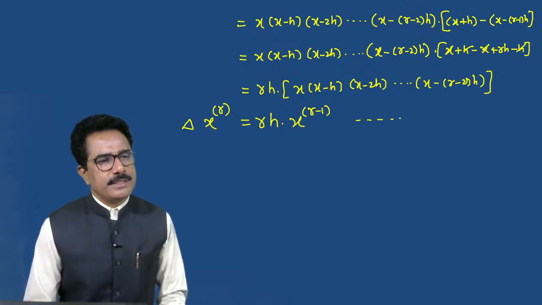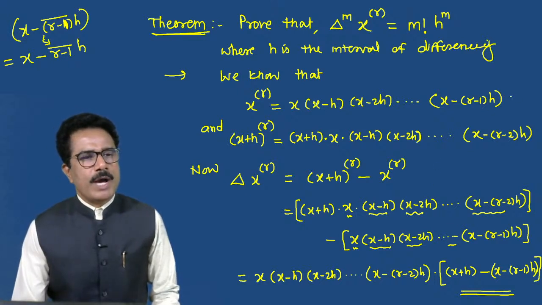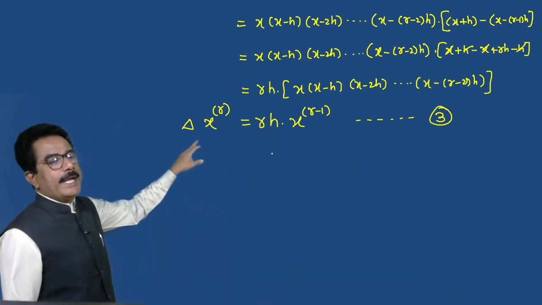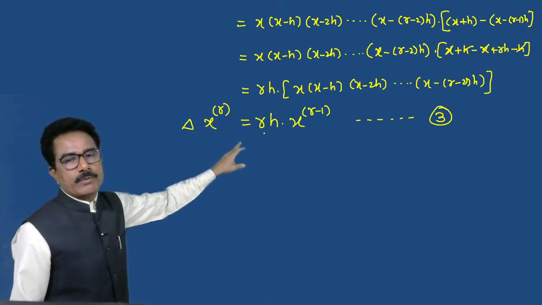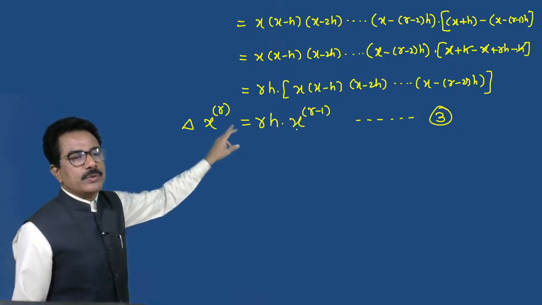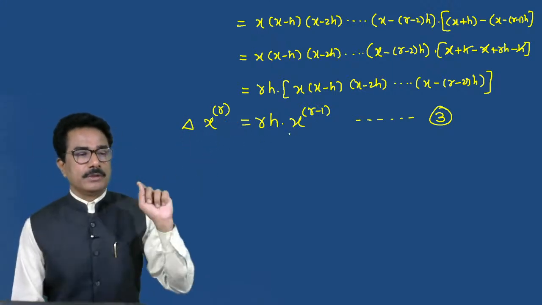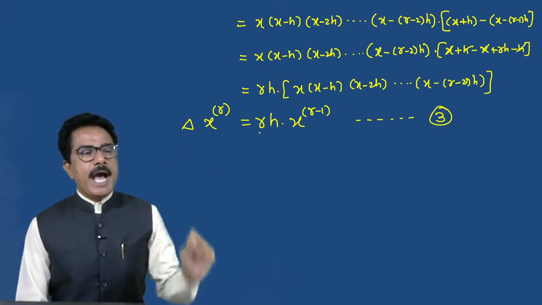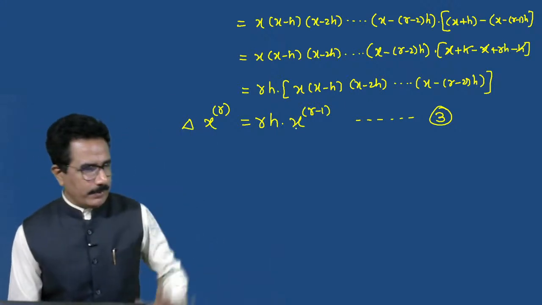Suppose this is equation 1, this is equation 2, this is equation 3. Therefore, we get delta x raised to r factorial equals rh into x raised to (r minus 1) factorial. This is an important relation we have proved. Delta x raised to r factorial means r into h into x raised to (r minus 1) factorial.